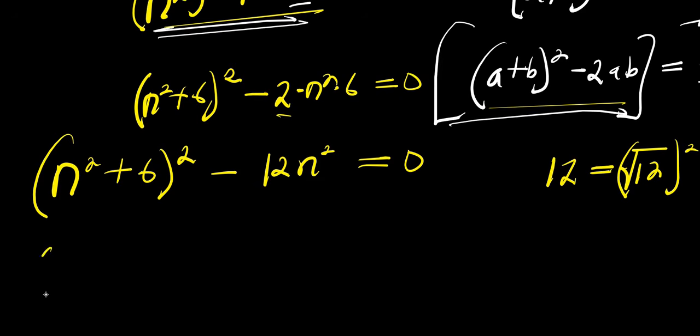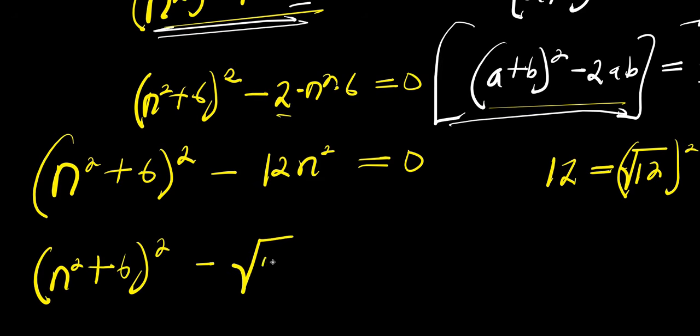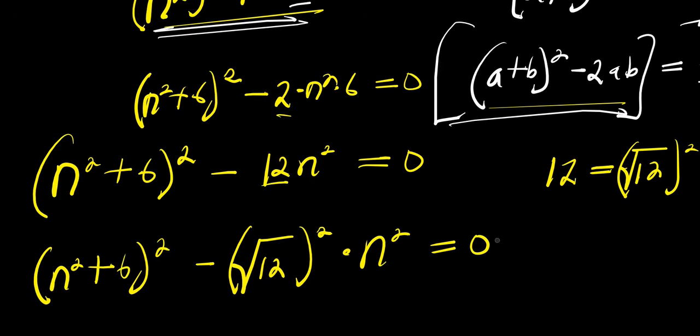So we have (n squared plus 6)^2 minus (square root of 12)^2, which is the same thing as 12, times n squared equals 0.